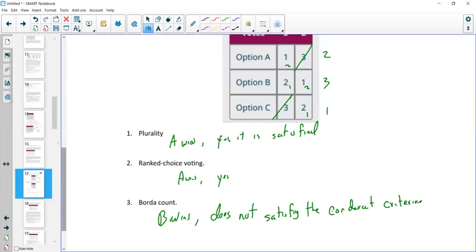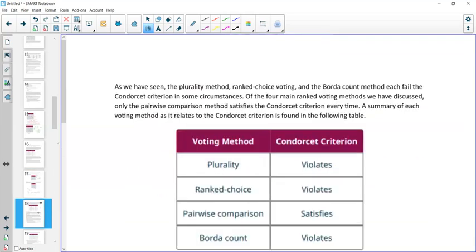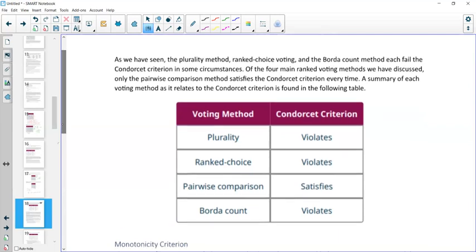Because B wins, not A. A is the Condorcet candidate. A should win. So again, basically to summarize it, as far as the Condorcet criterion, the only one that satisfies it is pairwise. Every other one violates the Condorcet criterion.